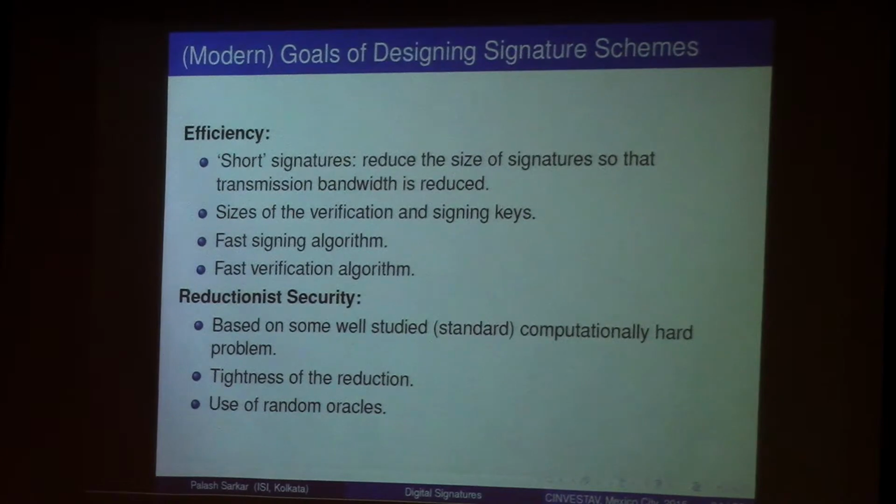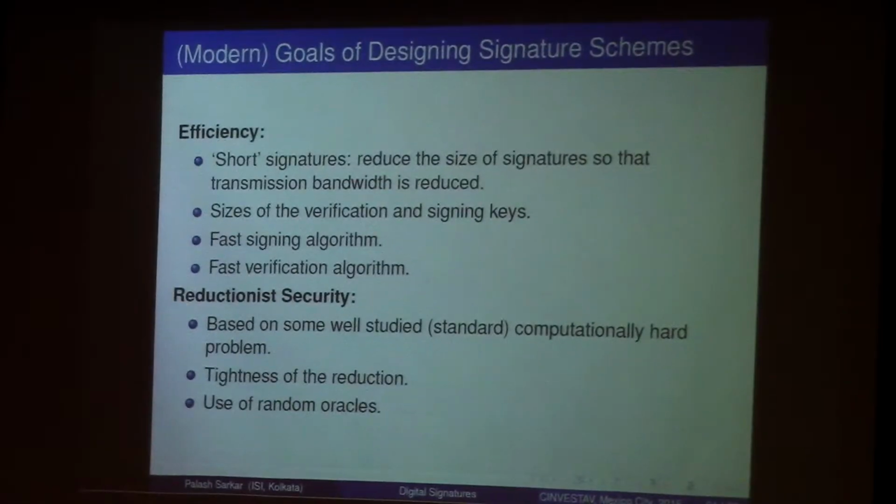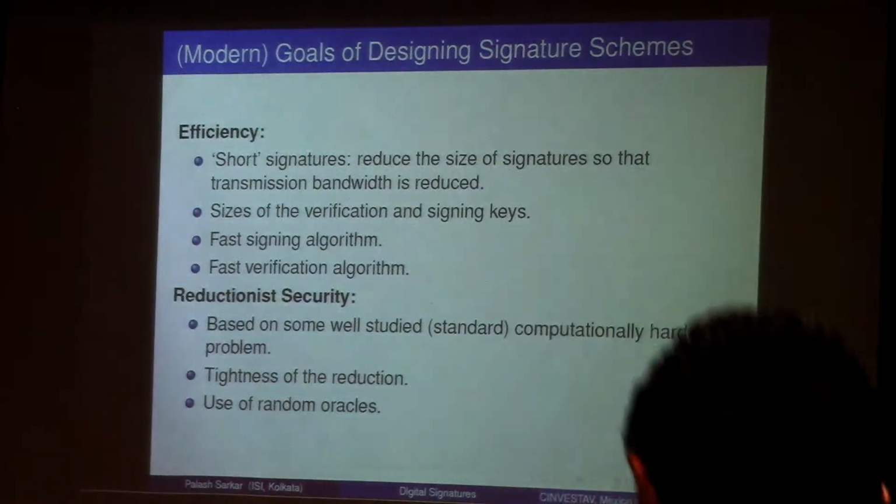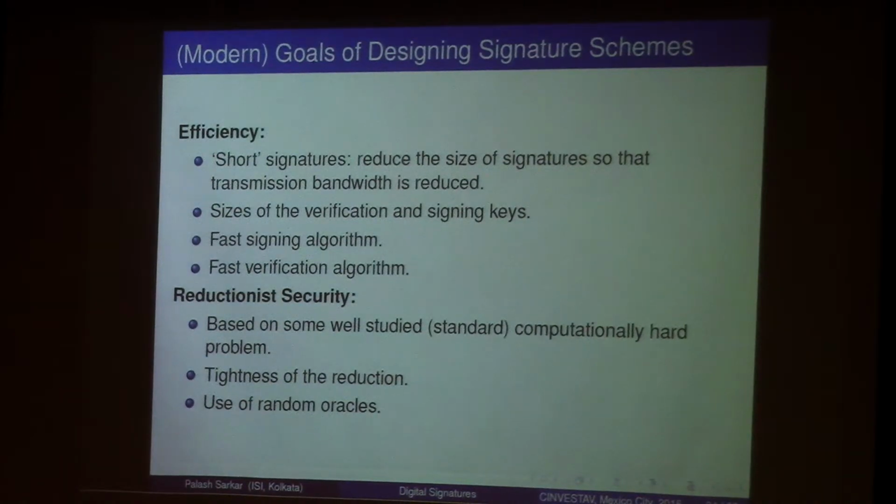And from the point of view of security, you should be able to base the security of your scheme on some well-studied, standard, computationally hard problem. When you do this, if Pi is hard, then your scheme is secure.